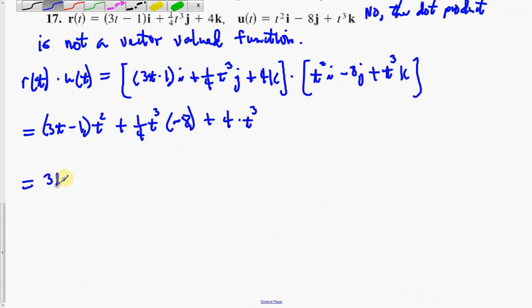So we have 3t to the third minus t squared minus 2t to the third plus 4t to the third.